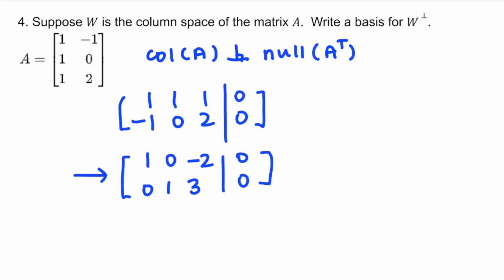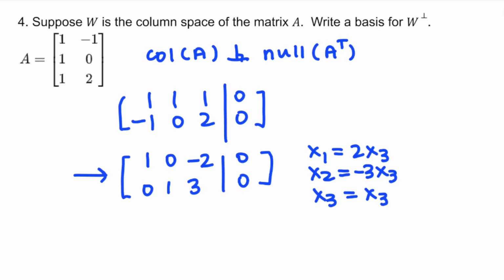And so that means x1 equals positive 2 x3, x2 equals negative 3 x3, and x3 can be whatever it wants. So a basis for W perp in this case would be 2, negative 3, 1.